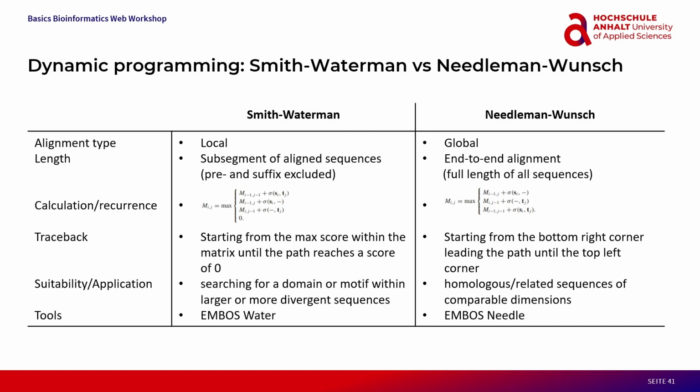As a result, the output is not an end-to-end alignment, but rather the most conserved region among all compared sequences. The prefix and suffix regions of the sequences that do not share a high similarity are excluded from the alignment. Local sequence alignment is useful when searching for a domain or a motif within larger sequences.